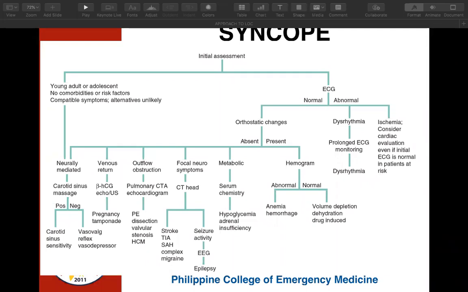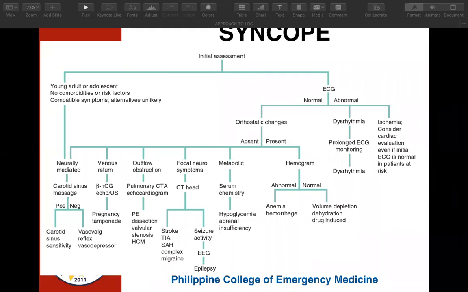So you need to request a pulmonary CTA or echocardiogram if you're thinking of pulmonary embolism, dissection, valvular stenosis, or hypertrophic cardiomyopathy. You can also think of pregnancy or cardiac tamponade. So if you think there is poor venous return, you check beta HCG to rule in or out pregnancy, or you can do an ultrasound to rule in or out pericardial tamponade.